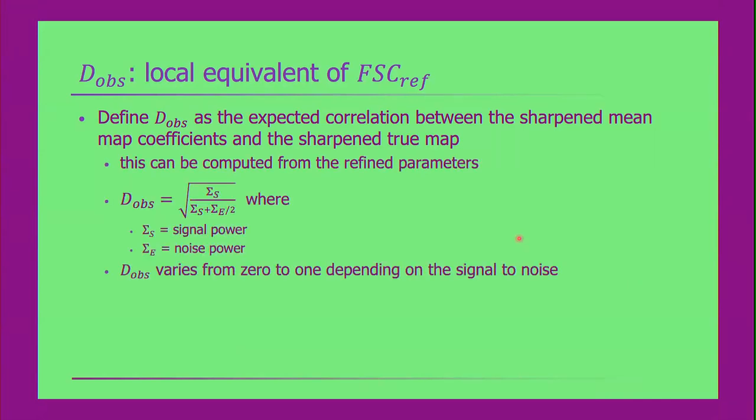It's computed with a formula that, if you've looked at formulas for the FSC and how it arises from signal and noise, should be familiar to you. And this number varies from 0 to 1, depending on the signal to noise. So if the noise, the error term, sigma E, is small compared to the signal, then the diobs will be 1. If it's very large compared to the signal, it'll be close to 0.